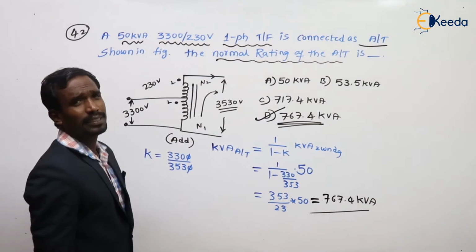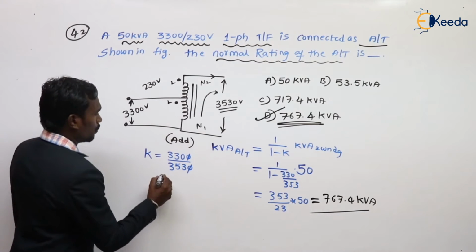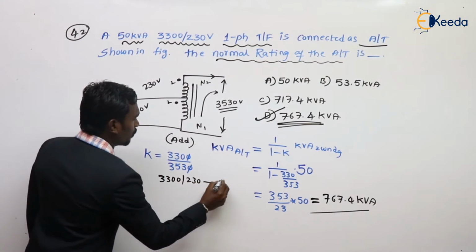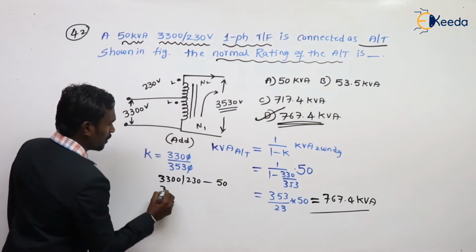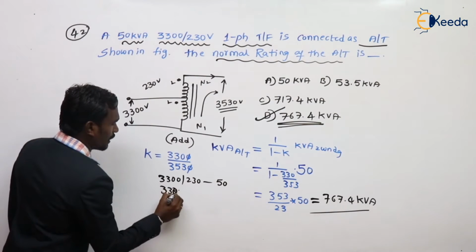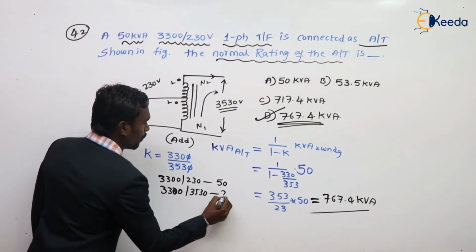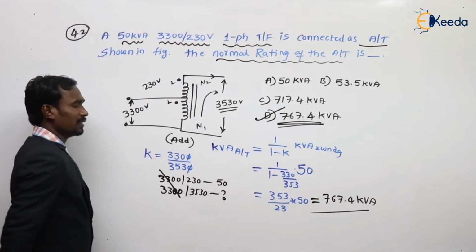Or directly you can say, as I told you already, for 3300 by 230 volts, the rating is 50. For 3300 by 3530 volts, how much? These are common factors.